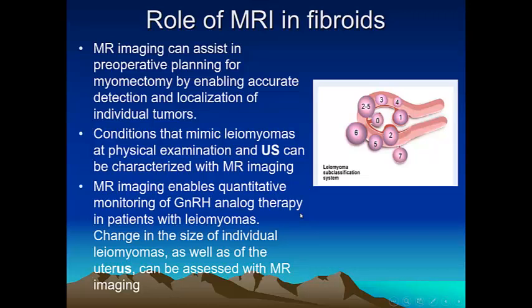MRI enables quantitative monitoring of the gonadotropin analog therapy in patients with leiomyomas. If we want to accurately see the change in size, MRI will be better than ultrasound because it is non-operator dependent, so we can measure accurately.